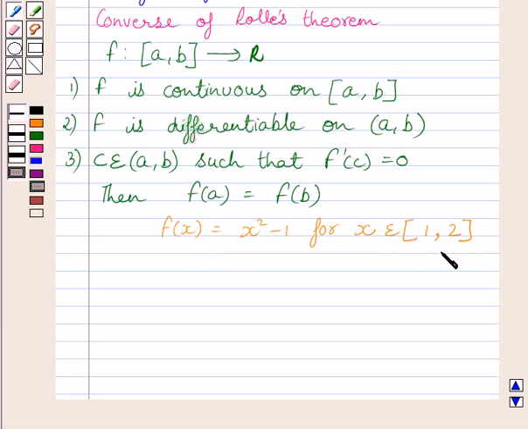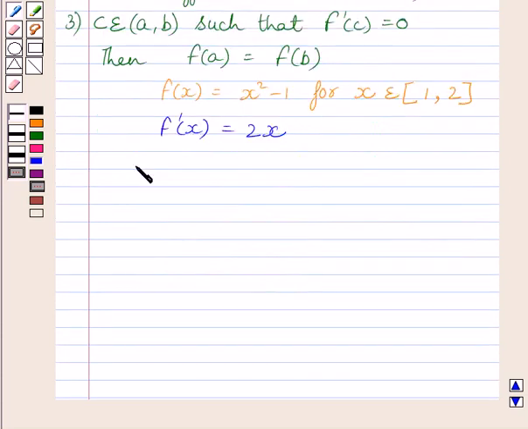Now let us find if there exists some c such that f dash c is equal to 0. For that we will first find out f dash x. Now differentiating both the sides with respect to x, we get f dash x is equal to 2x. Now c be any real value belonging to open interval 1 to 2 such that f dash c is equal to 0.